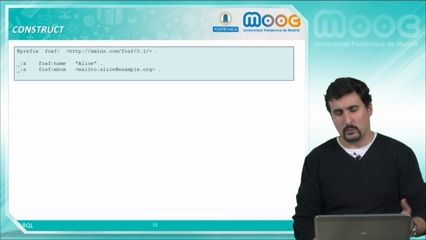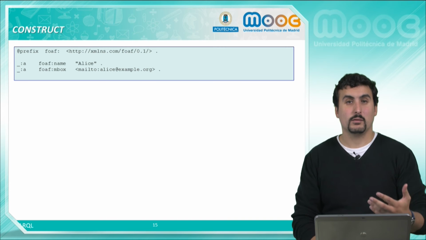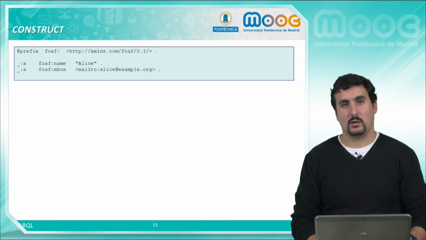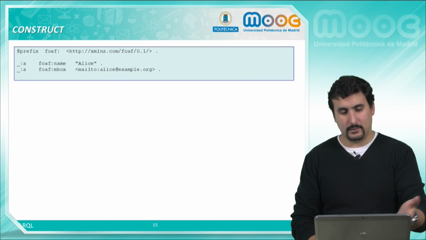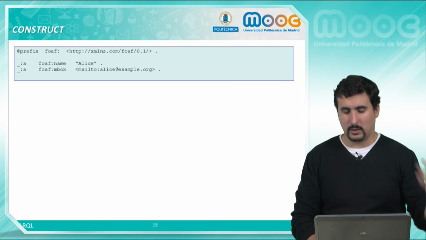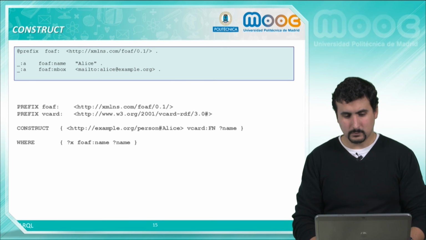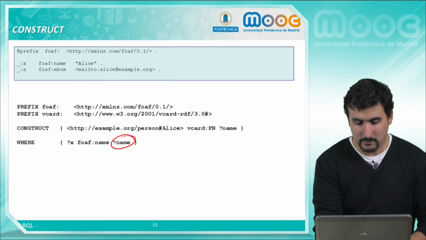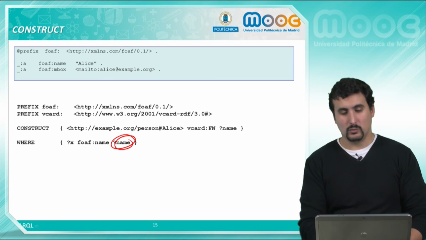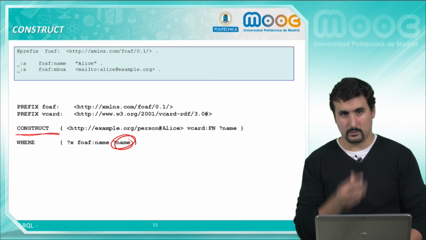We have CONSTRUCT, which allows us to build new RDF triples based on the results of a query. For example, if we have this data you see here, in which we have the name of an individual and the mailbox, as we have seen in the previous examples, we can define this query in which we are retrieving the names and using these names to construct new triples.